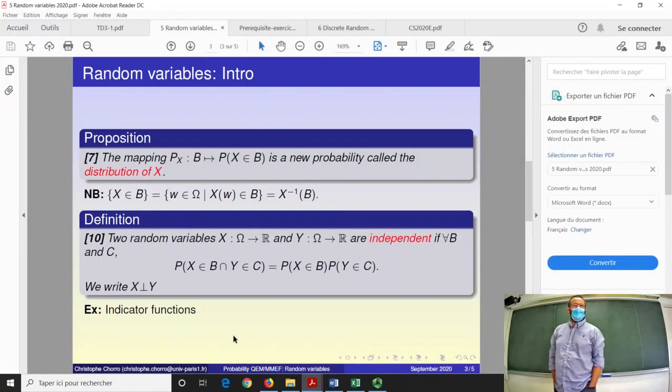And here I will define the notion of independence between random variables. We have already seen the definition of independence between two sets.